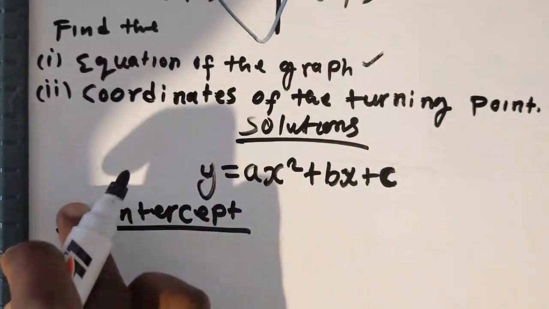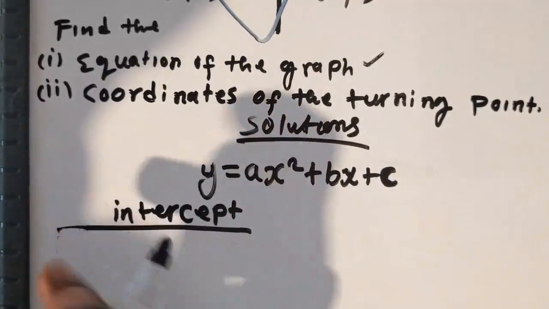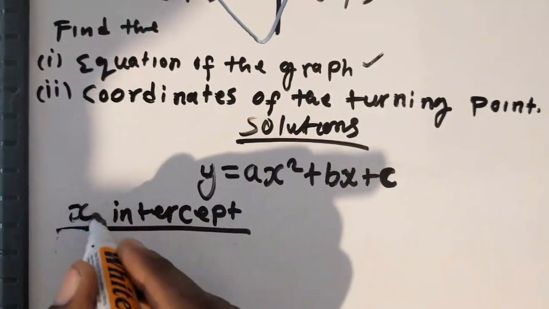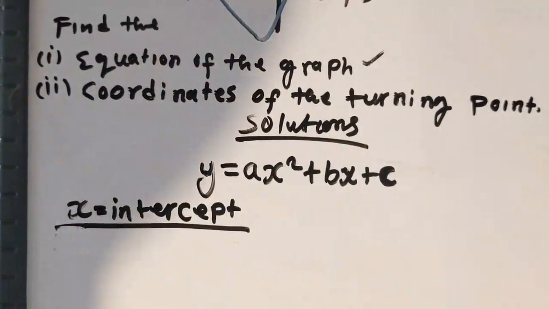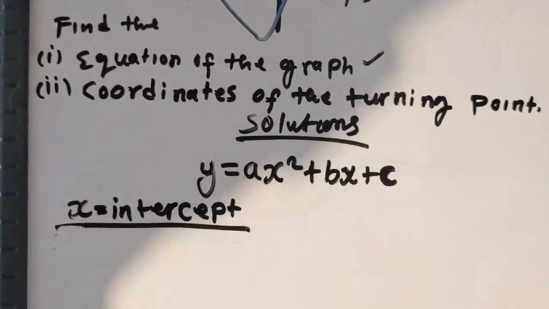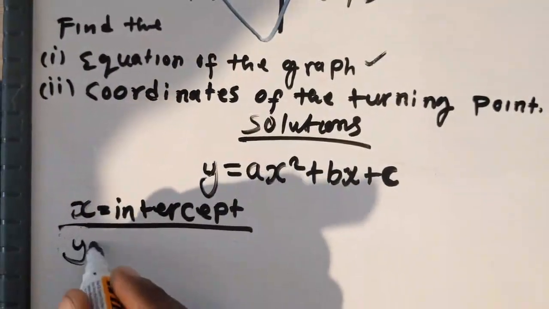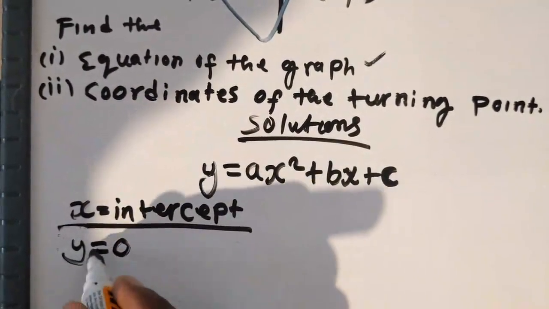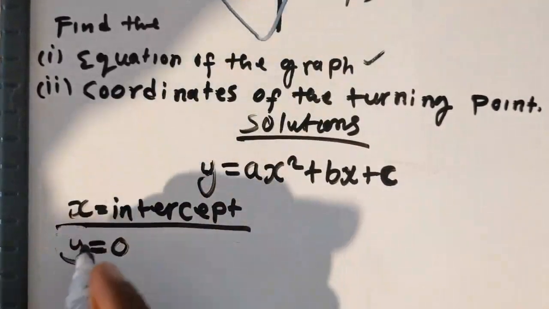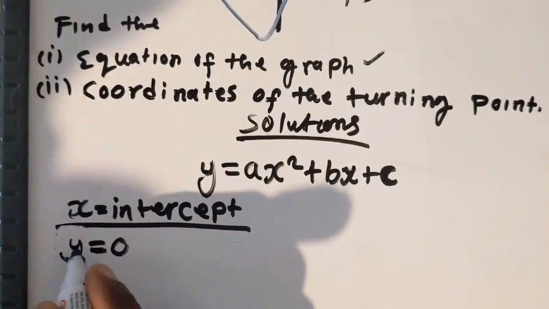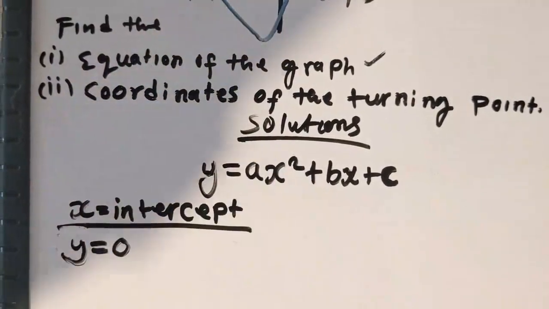I mean the x-intercept, that is what we use. What you need to know under the x-intercept is that y is equal to 0. So this is what you need to know: y is equal to 0.